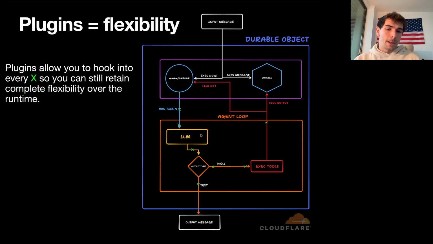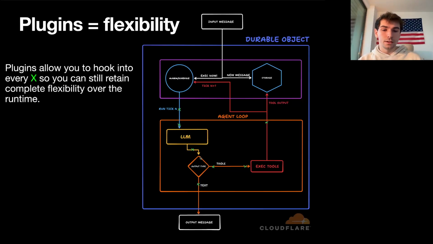An example of something that you could do with a plugin would be a human in the loop plugin. So consider the LLM has access to tool A, B, and C, but tool C is risky, and you would like the human to review that before we actually execute those tools.